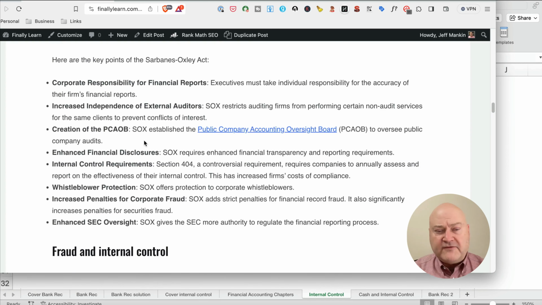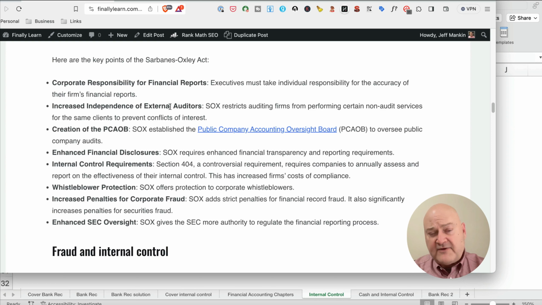So let's talk briefly about some of the issues that they brought up in SOX, or the Sarbanes-Oxley. Well, they're making sure that there's corporate responsibility for financial reports. Executives must take individual responsibility. They sign off. We know we're personally responsible. If I'm the CFO or the president of the company, we are responsible for the financial reports. So you have increased independence of external auditors.